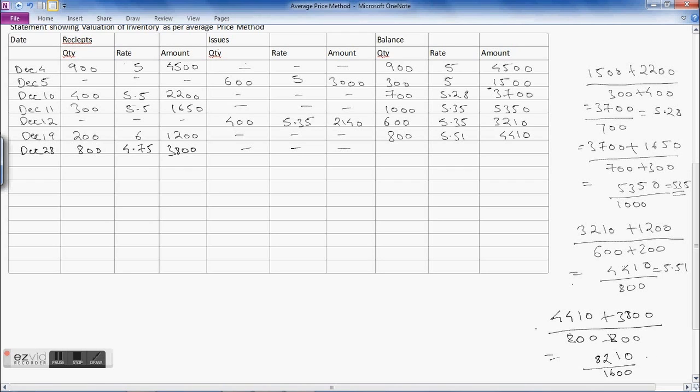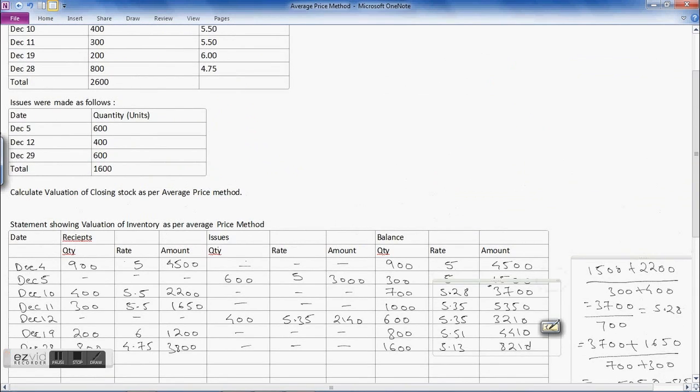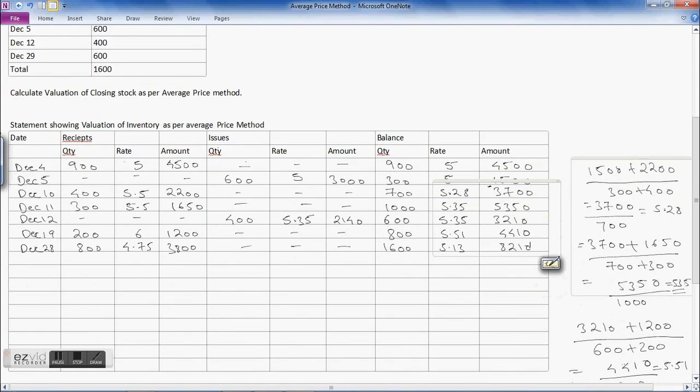So the rate is 5.13. I am rounding it off to 2 digits. You may round it off to 4 digits also for more accuracy. 5.13 and the amount is 8210.